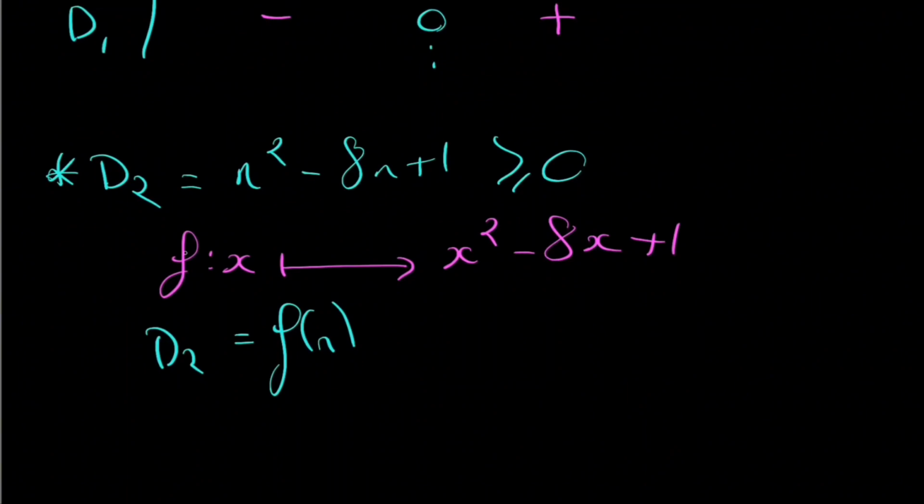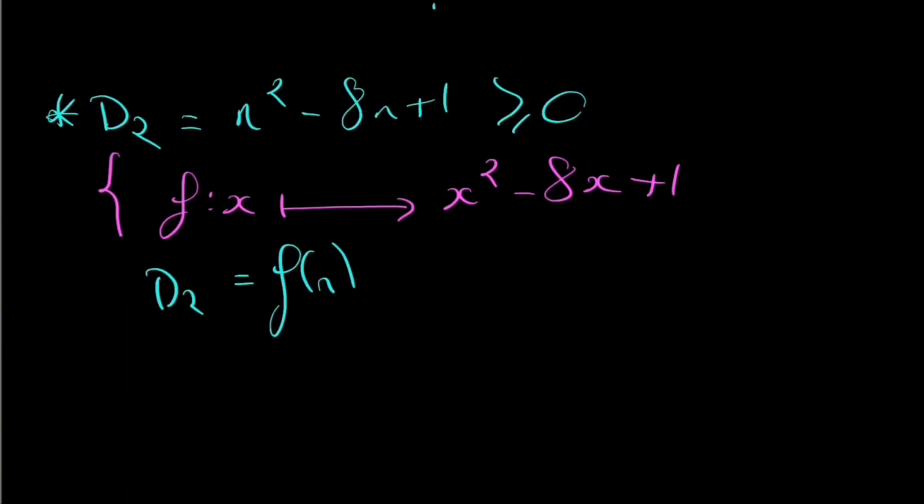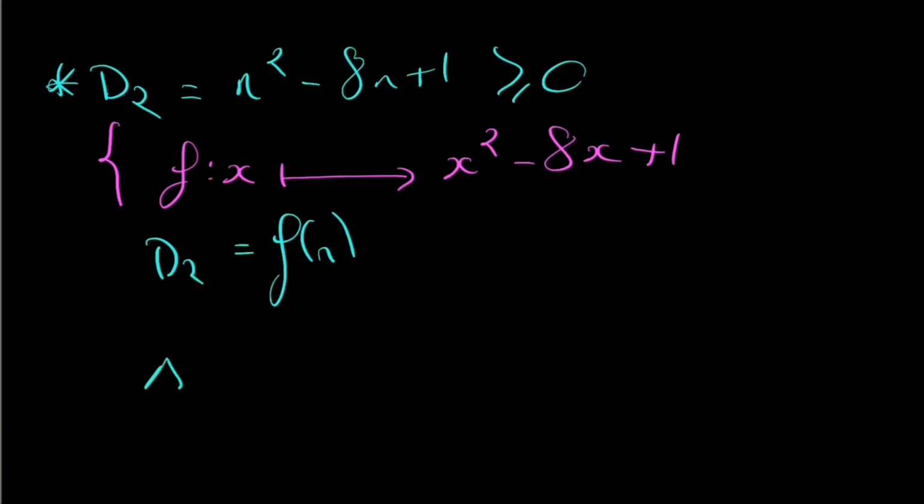Okay, so how to study a function like that? I hope you know in grade 11, we have to find the delta. So if I call what's here 1, so there is a hidden 1, A, minus 8 is called B, and the 1 is called C, because we want to have something like ax squared plus bx plus c.